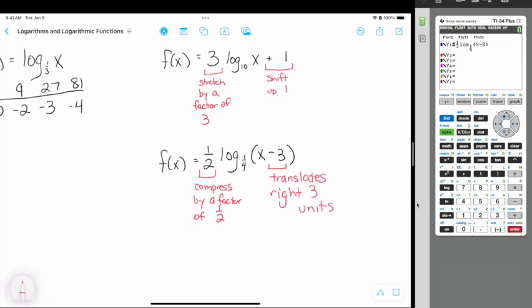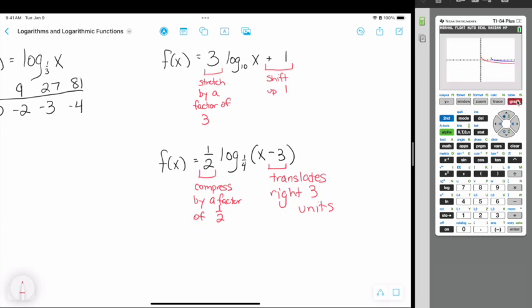And then below that, let's do the one that doesn't have the 1/2 and the -3. Let's just do log base 1/4 of just x, just so we've got something to compare it to. Okay, so the blue line is going to be the transformed one, and the red line is going to be the non-transformed one, and we're expecting 3 units right and compressed.